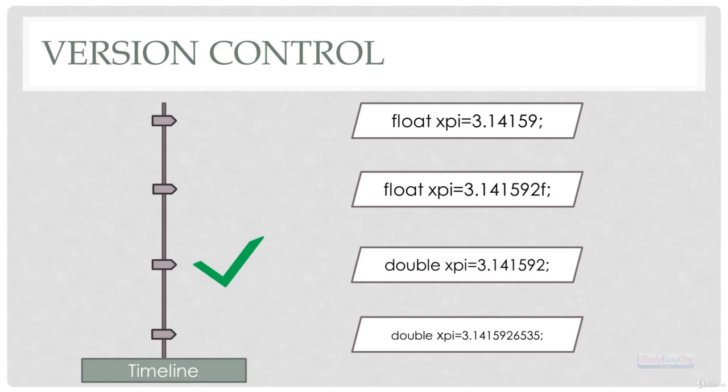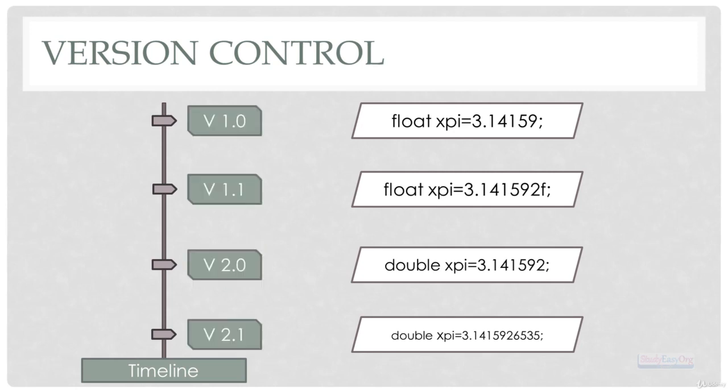Now whenever we commit, what do we usually do? We give a version name. The version name could be v1.0, v1.1, but if there is a major change, usually there is a version shift, and after a major change the version will be called v2.0, then v2.1.